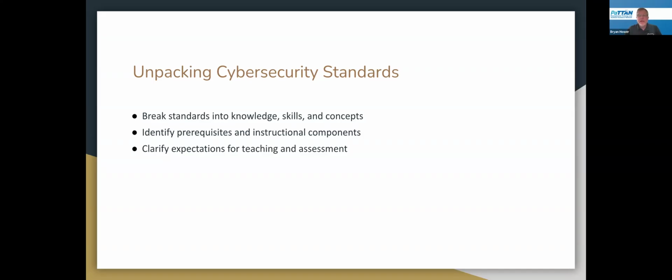For example, this network security standard requires specific knowledge about network components and vulnerabilities, skills in diagramming and analysis, conceptual understanding of security principles, and certain prerequisites. Unpacking helps ensure that instruction addresses all the aspects of the standard rather than focusing on just the most visible elements.